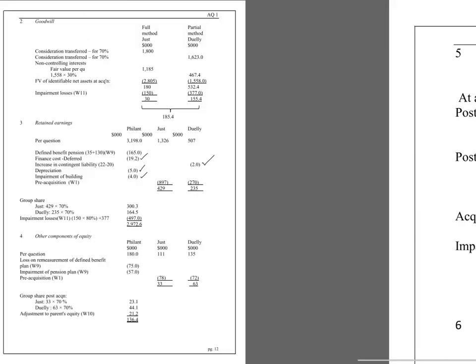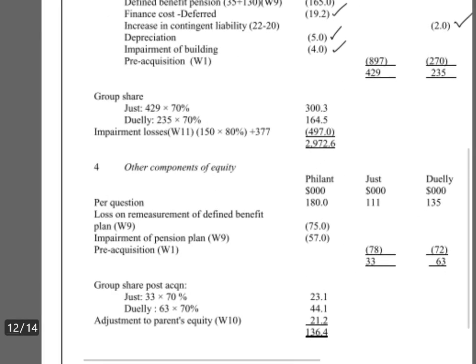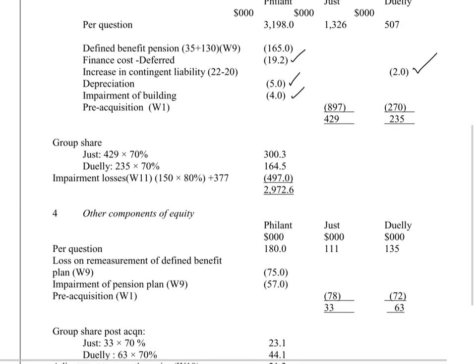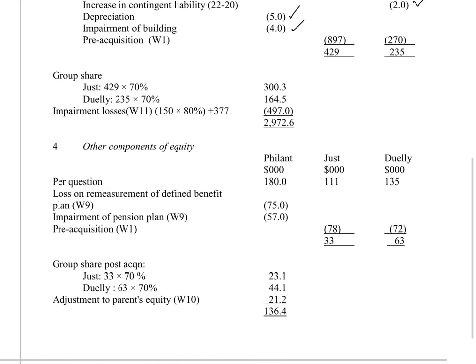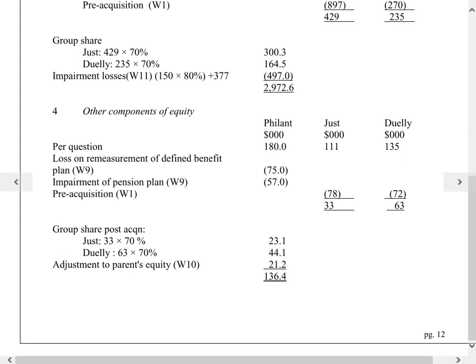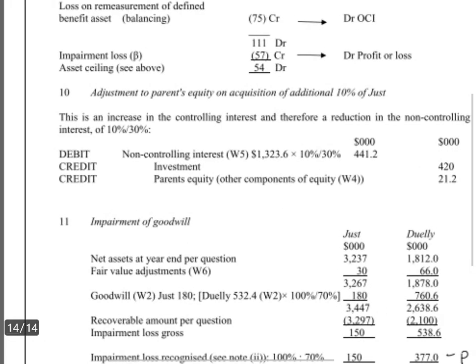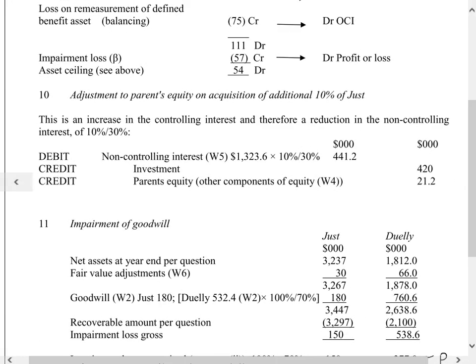Do we have working for this? Here, working 10. Credit 420.